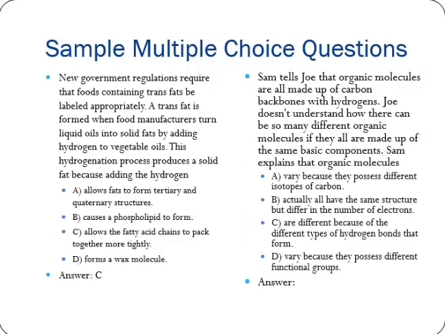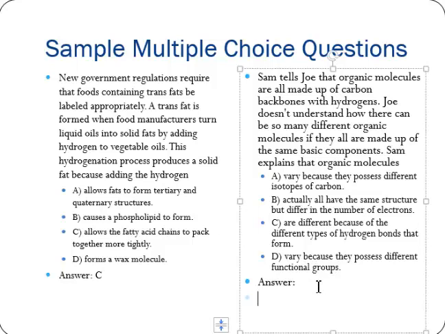So C may be an answer for part of it, but D looks like the best answer because they vary based on different functional groups. Some function because they've got combinations of carbon, hydrogen, and oxygen, whereas proteins have nitrogen also, etc. So D looks to me like it is the best answer in this case.